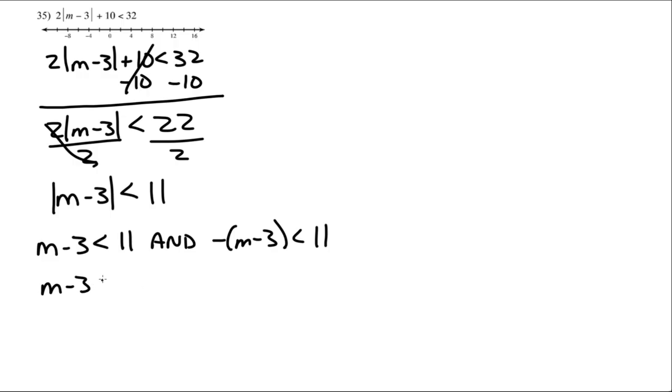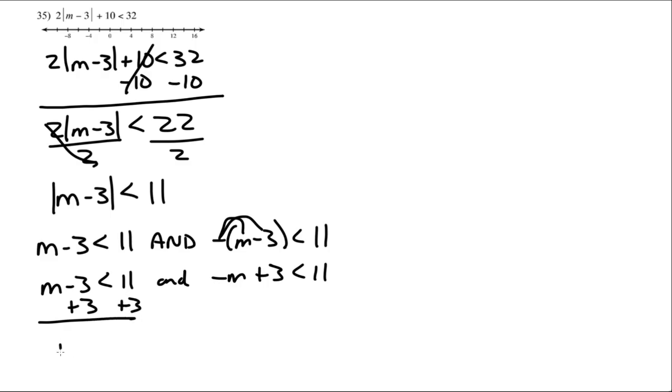m minus 3 is less than 11, and distribute my negative. Negative times m would be negative m. Negative times negative 3 is plus 3, is less than 11. If I add 3 to this one, add 3 to both, I end up with m is less than 14.